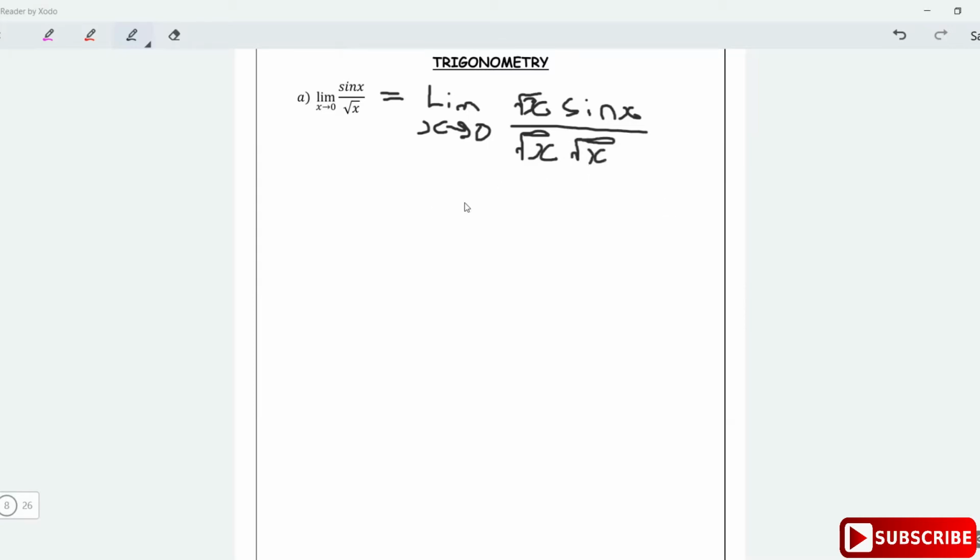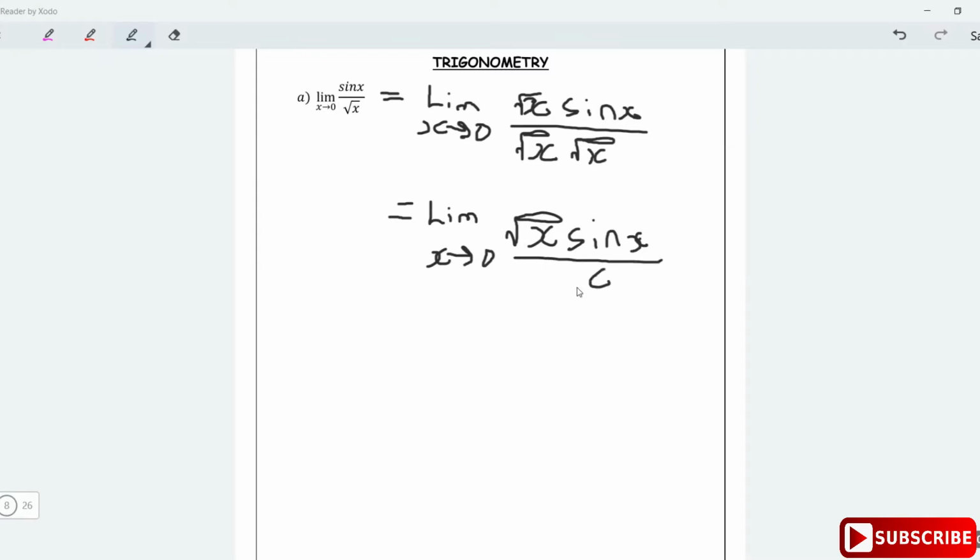The root x times root x in the denominator just becomes x. So this is now the limit as x approaches 0 of root x times sine x over x.